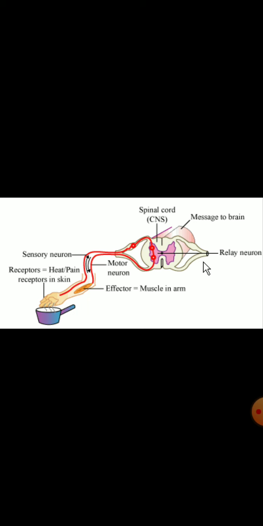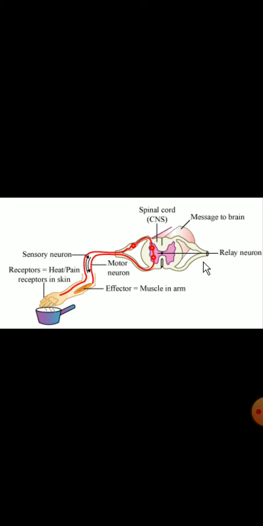Stimulus is singular, stimuli is the plural form. So, a change in the environment, hot, cold, temperature, these are all examples of stimulus. So, what is reflex action? It is a quick, sudden, and immediate response of the body to a stimulus. For example, we take our hand back on touching a hot object.